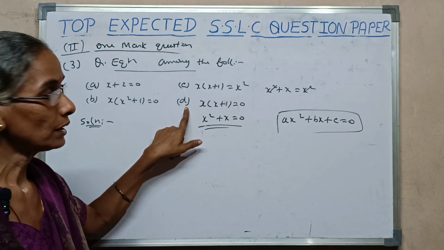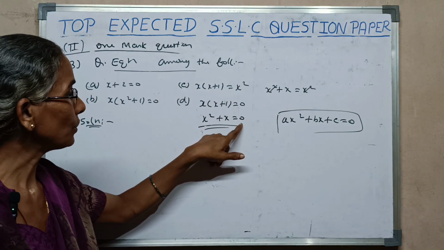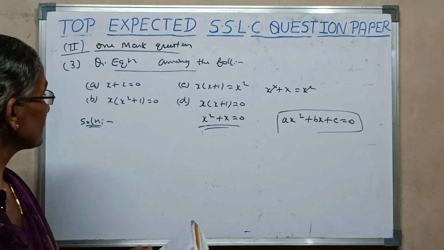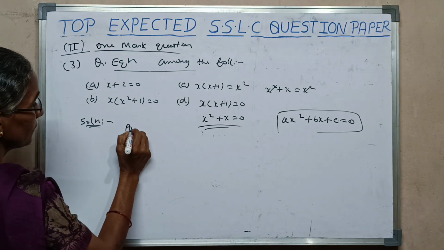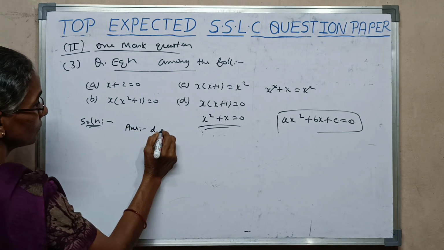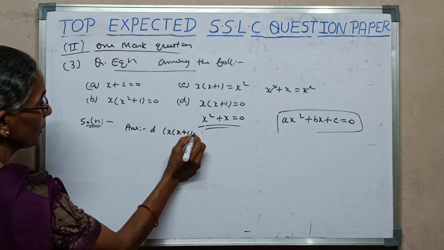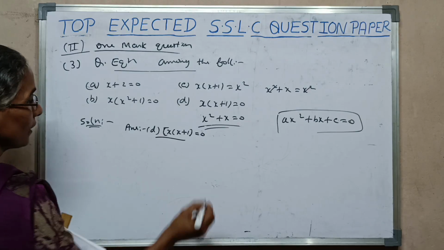In the fourth answer, x into x is x square, x into 1 is x equal to 0. So this is in the form of a quadratic equation. So the answer is D. x into x plus 1 equal to 0, D is the answer.